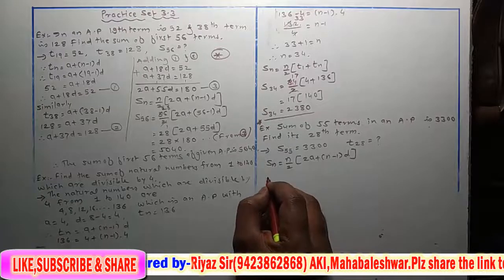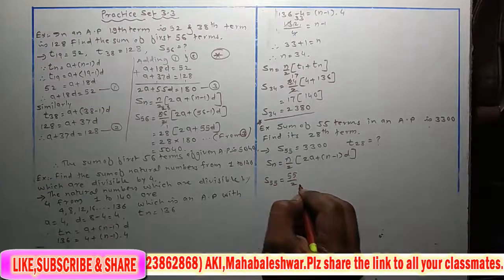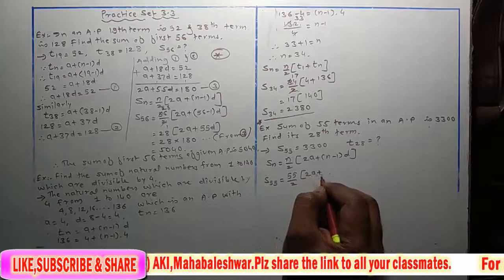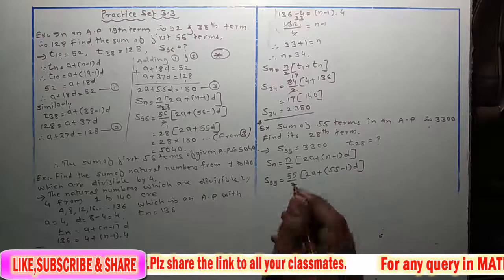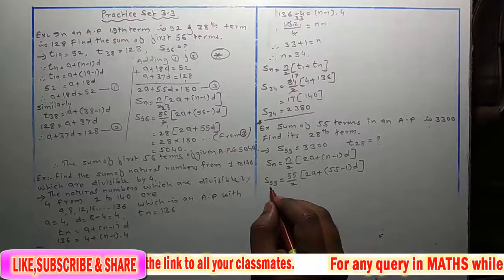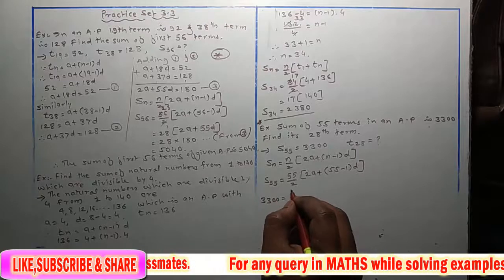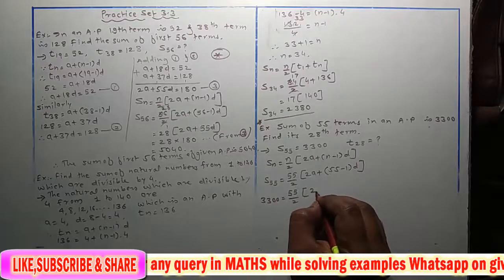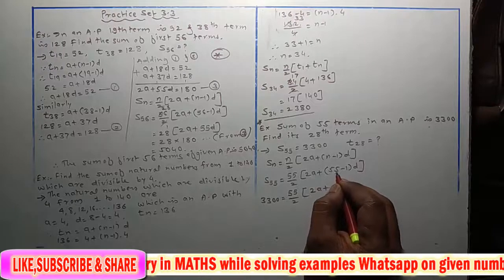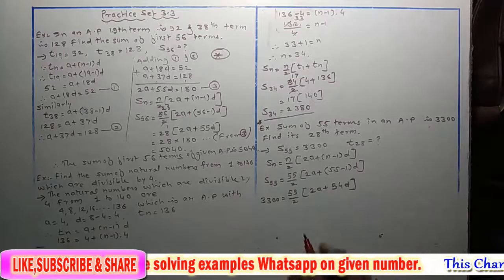So S55 is equal to 55 upon 2 into bracket 2a plus 55 minus 1 into d, and S55 is given 3300. So this 3300 equals 55 upon 2 into bracket 2a plus 54 into d.